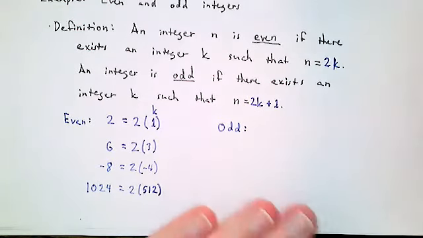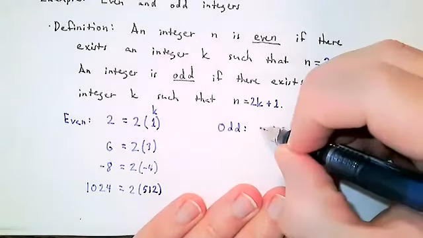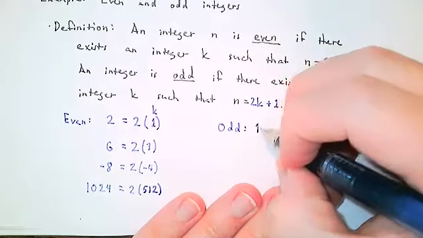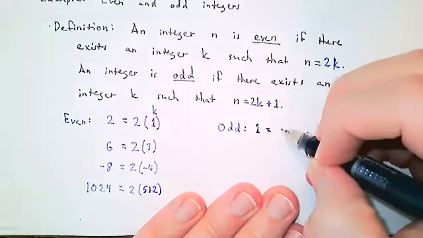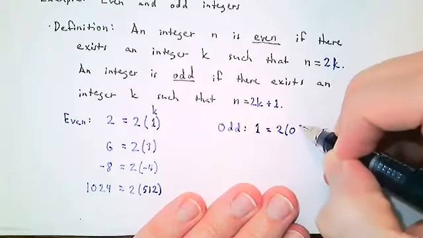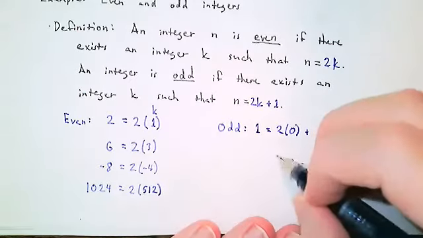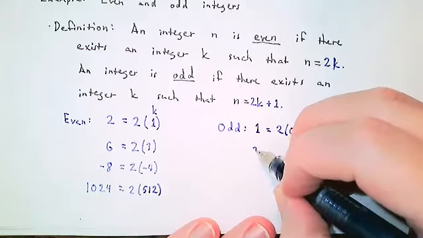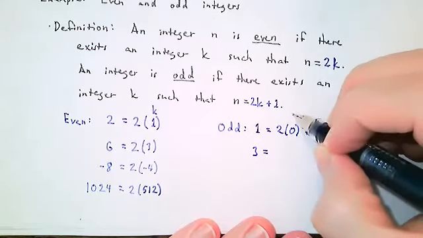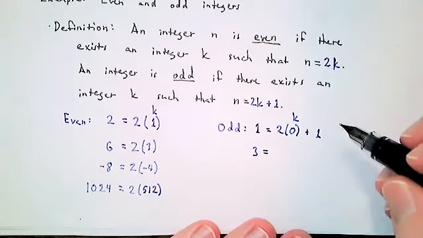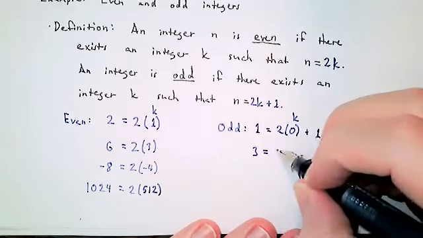Okay, so what about the odd integers? 1 is equal to 2 times 0 plus 1. What about 3? How does it work? 2 times what plus 1? 1. Good.